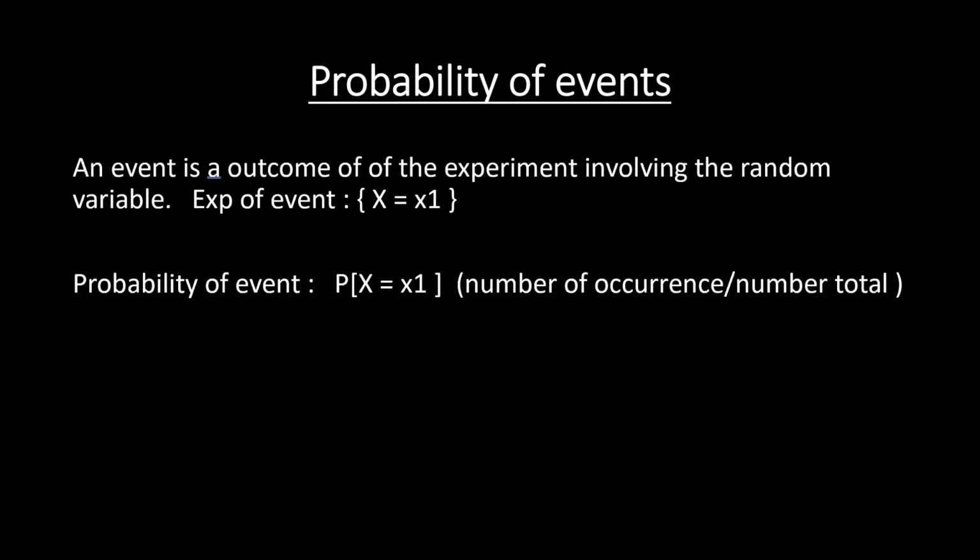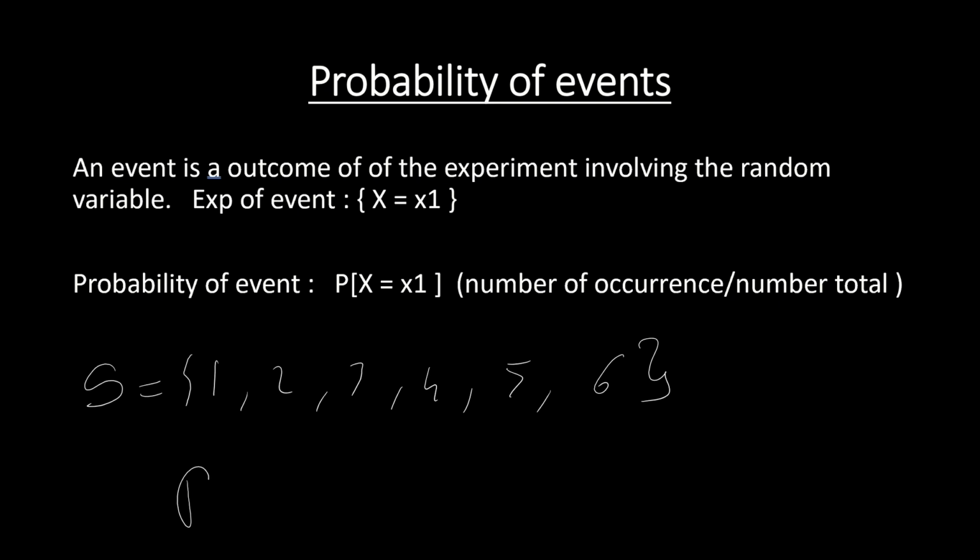So what's the probability of an event? An event is an outcome of an experiment involving a random variable. For example, if you throw a six-sided dice, the set of all possible outcomes is that you can get 1, 2, 3, 4, 5, or 6.